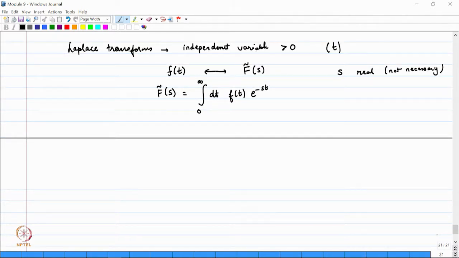Again, f of t need not be continuous, but it should be piecewise continuous, actually piecewise smooth, because all the derivatives should also be. This is a condition for it to exist. Needless to say, as t goes to infinity, e to the minus s t will go to 0, so f of t should not overcome that and go to infinity. f of t times e to the minus s t should go to 0 as t goes to infinity.